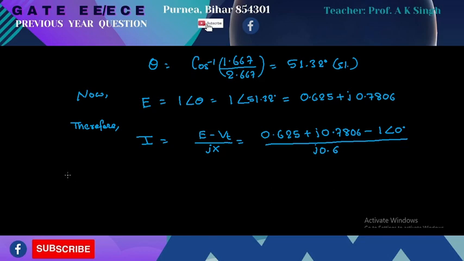So the value of generator voltage E0 is equal to E plus jIXd.